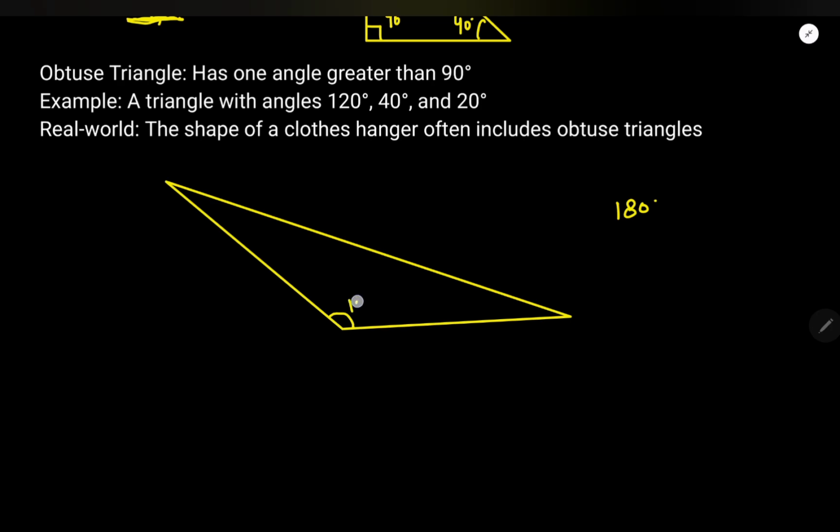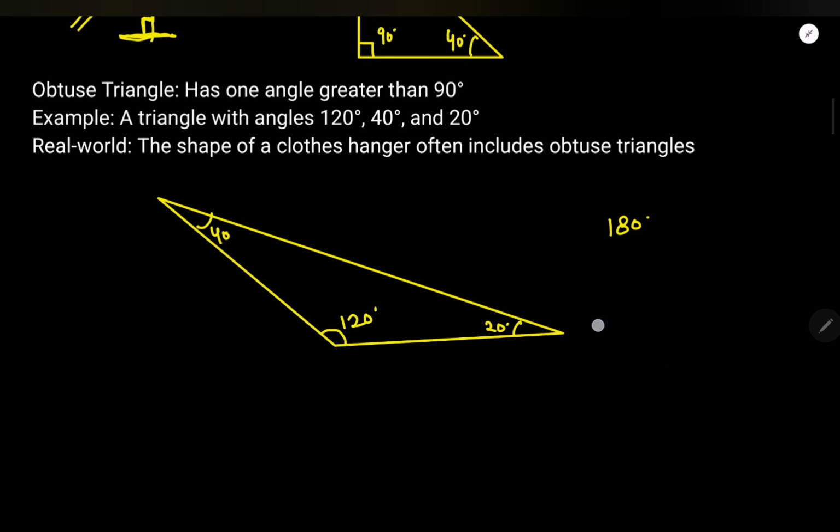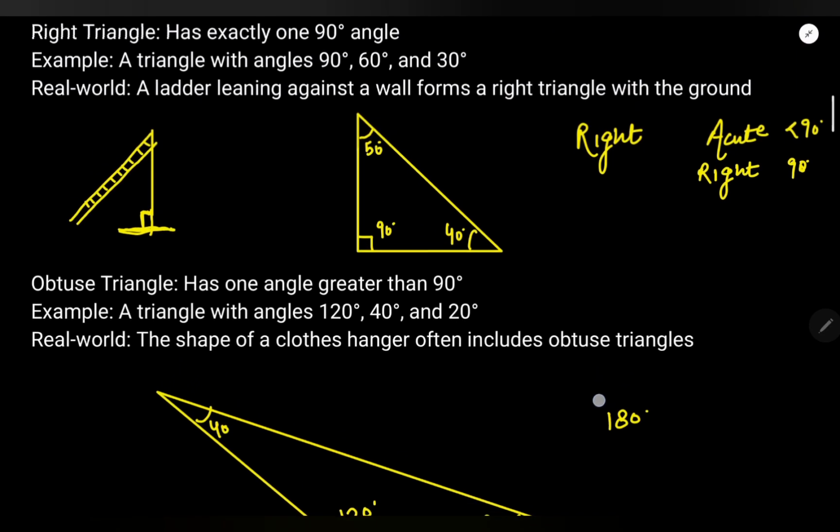So suppose this is 120 degrees. Then the other two should total 60, because 120 plus 60 is 180. So suppose this is 40 and this is 20. This is known as an obtuse angle triangle, when one of the angles is more than 90 degrees. So now we know that according to angles we have three types: acute, right, and obtuse.